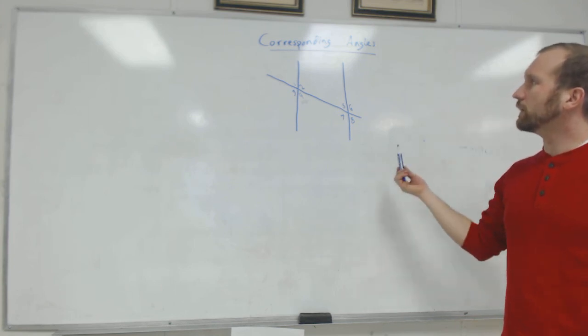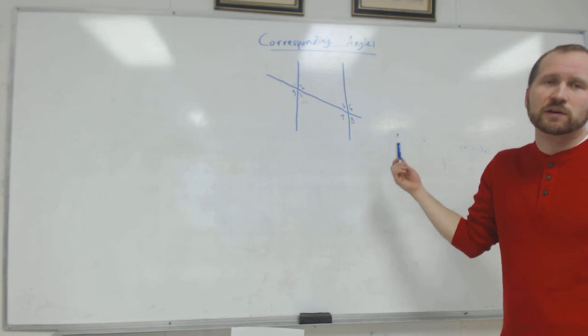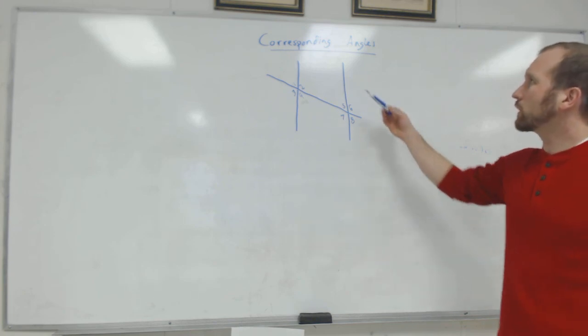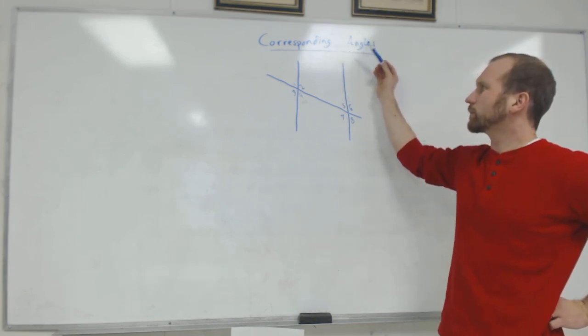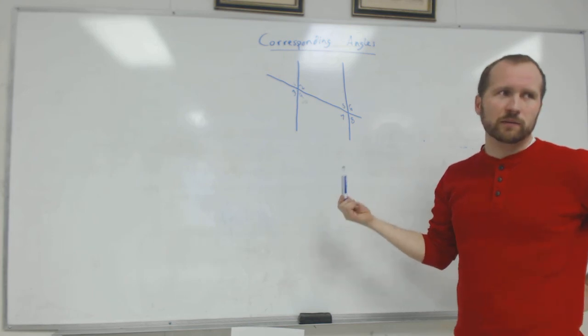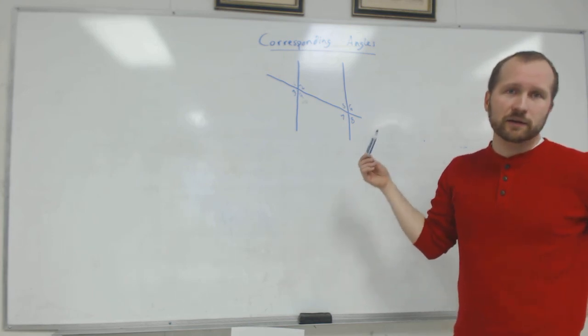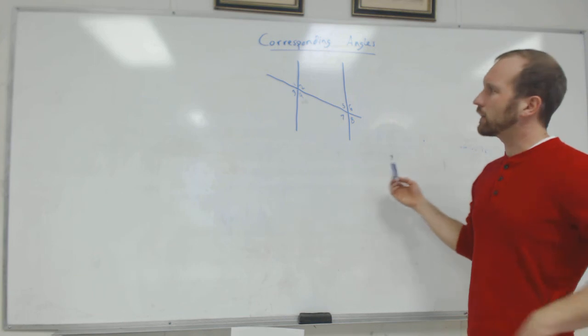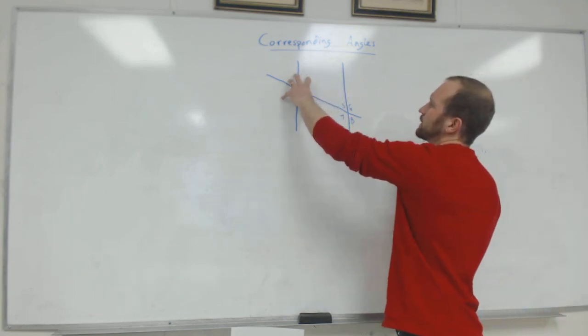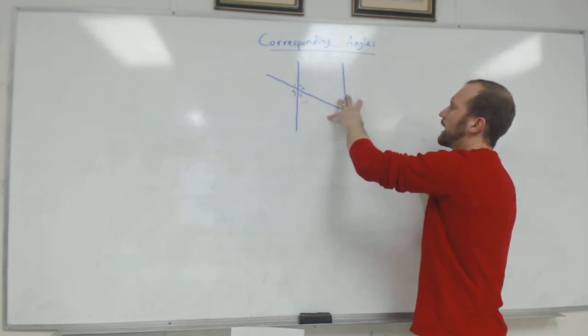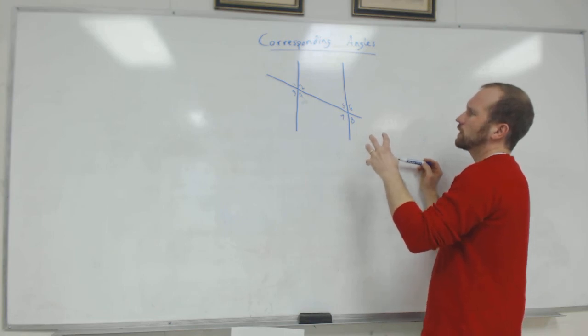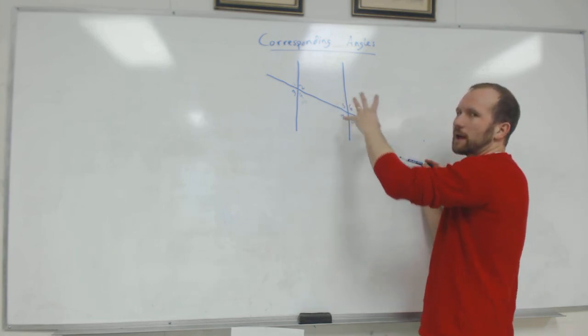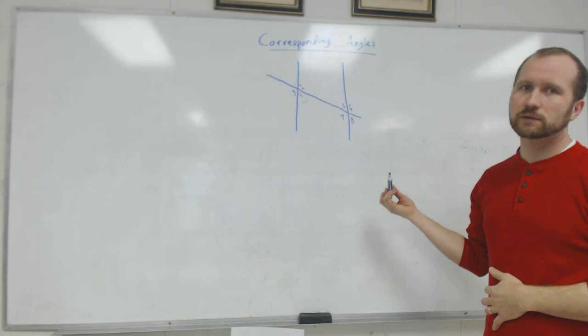And on this diagram, kind of the first thing that we talk about are corresponding angles. And corresponding angles, you could probably guess, are angles that are in the same place. If we were to take this set of angles and plop it right here, the ones that would overlap would be the corresponding angles.